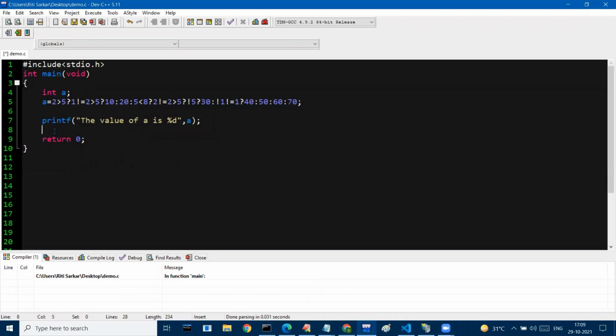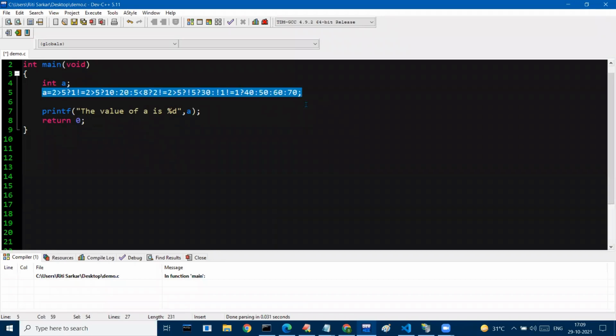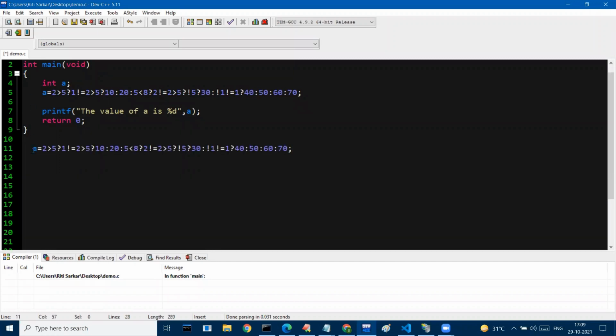This is the expression for which we want to know the order of precedence and associativity. First of all, how many conditional operators are present here, and is the expression syntactically okay or not?